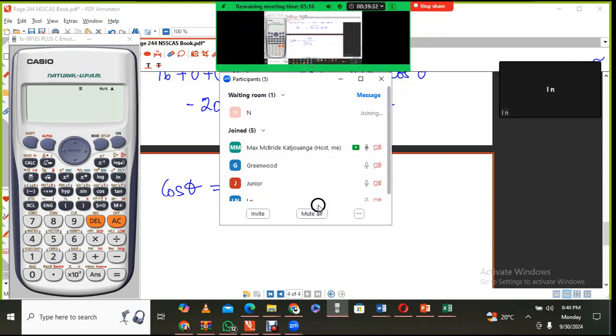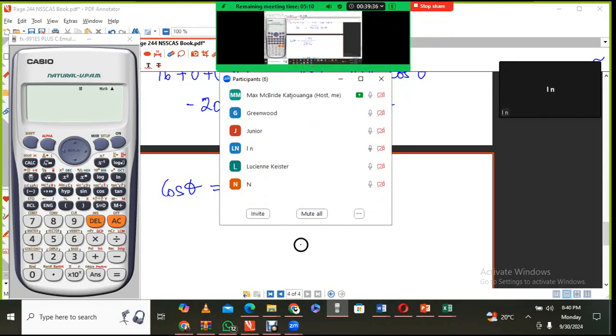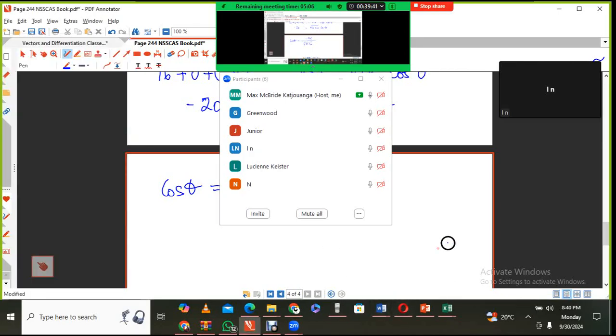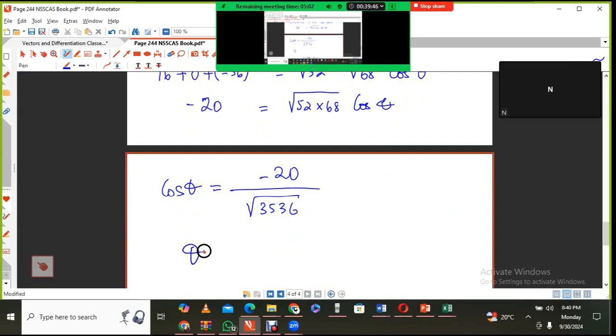The inverse of that is 109.65. So you have the inverse of that answer, and you say 109.7 degrees, maybe to 1 decimal place. Yes. Okay, so that's how you find it.